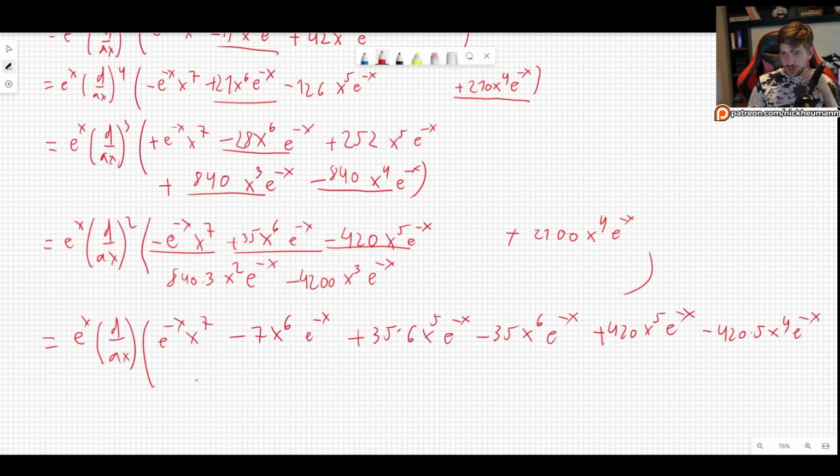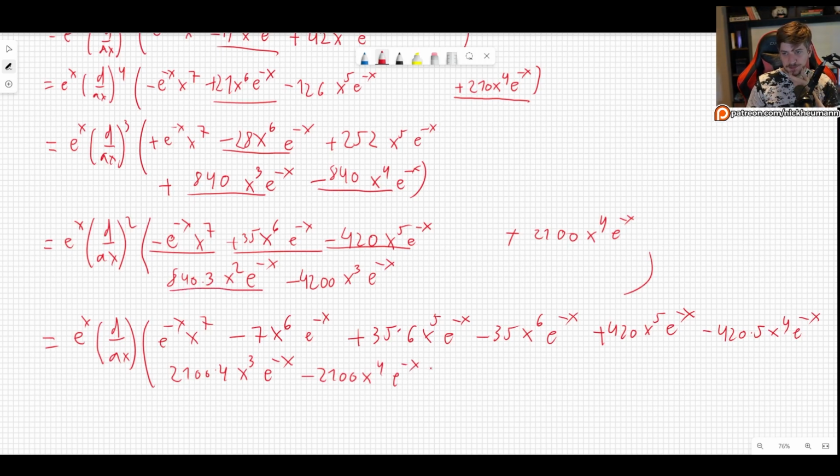And now let's do the other three down here. So we get 2,100 times 4x cubed e to the minus x, and then minus 2,100 x to the 4th e to the minus x.